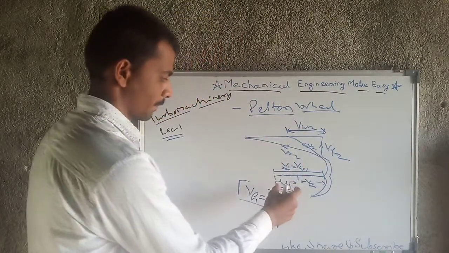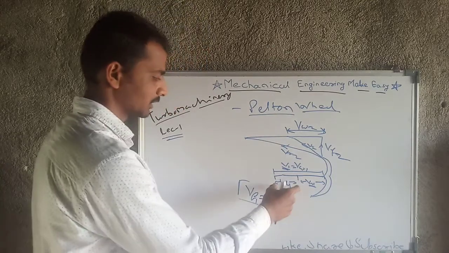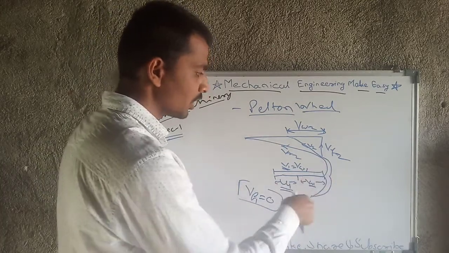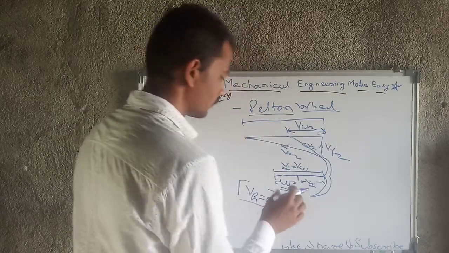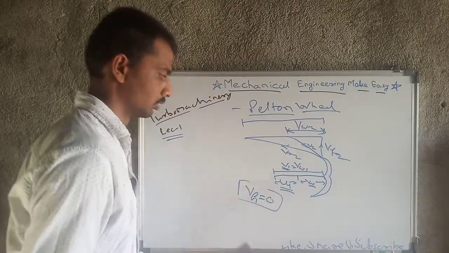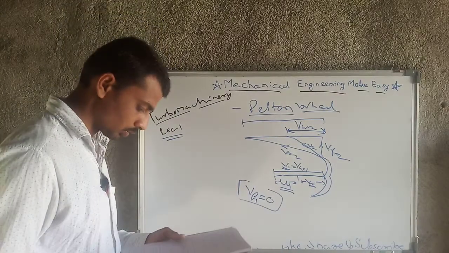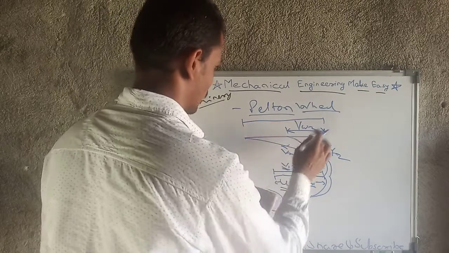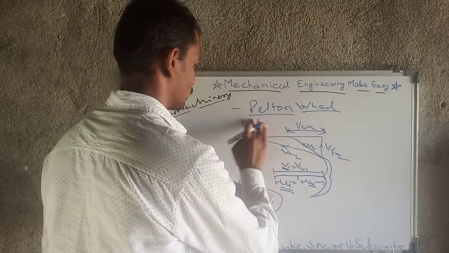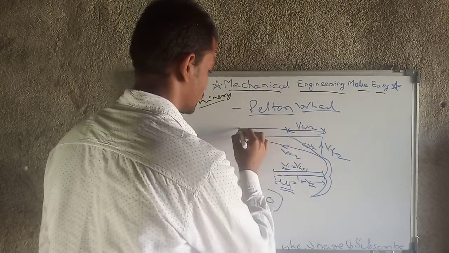And the U component, the velocity of the blade, we locate between the flow component and the relative component. That is absolute and relative. Sorry, by mistake I said that wrongly.